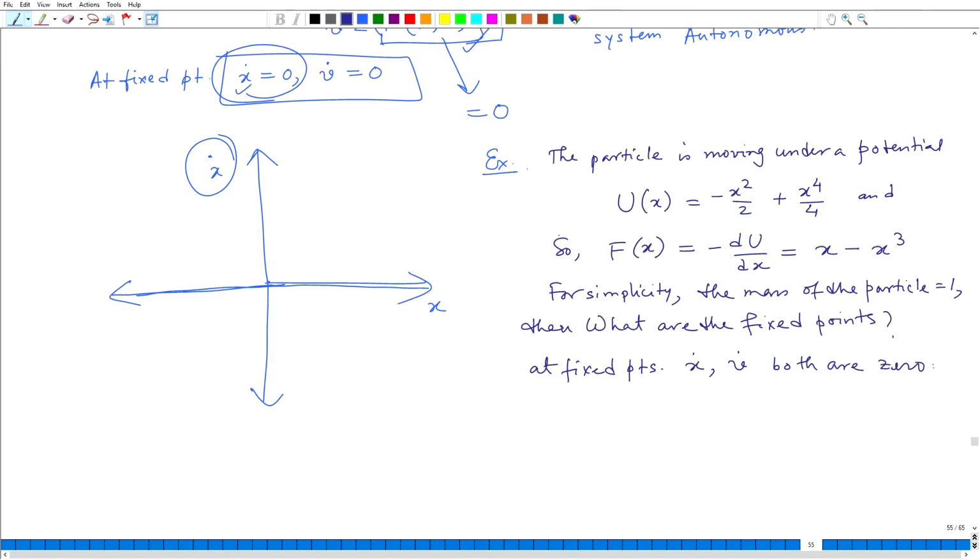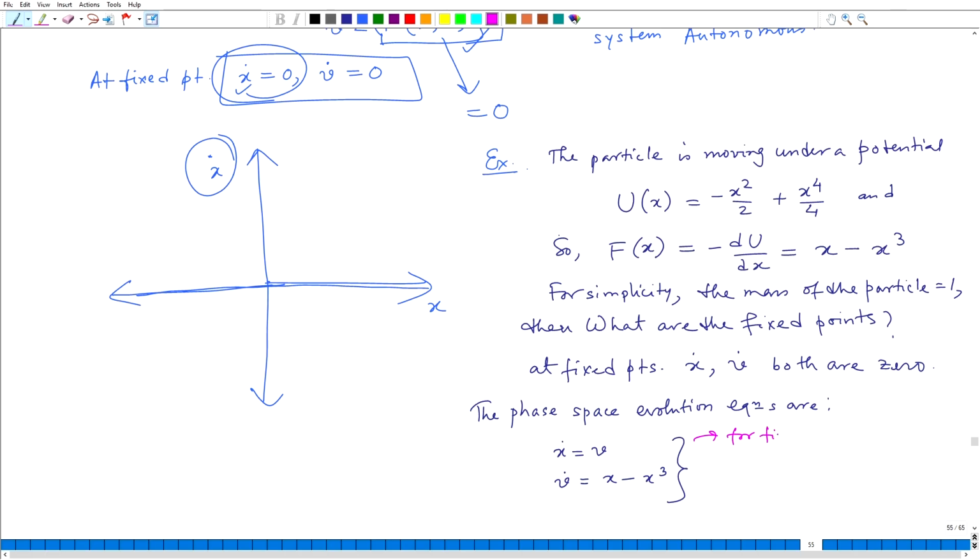The phase space evolution equations are, one is x dot equal to v, another is v dot is equal to x minus x cube.